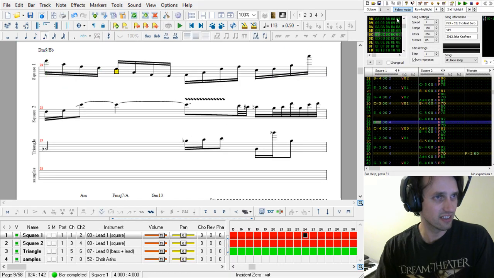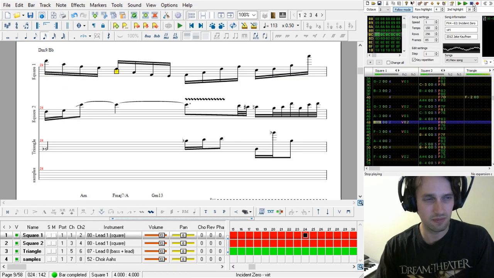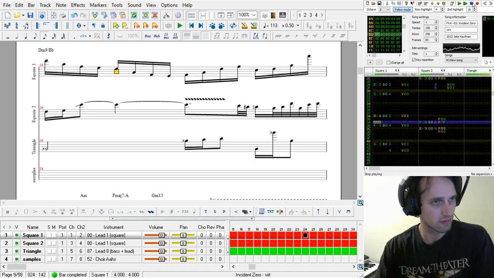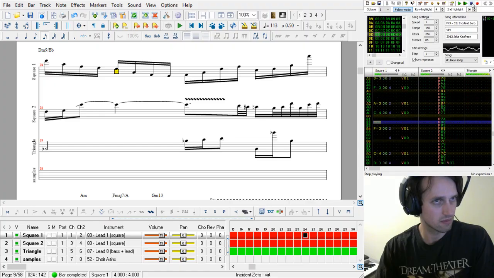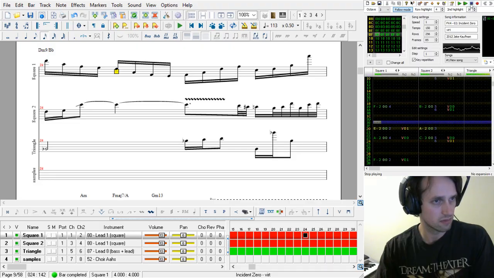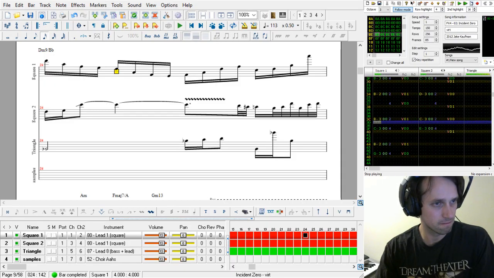Yeah, there's another one right there. Let's see how that's sequenced. Sounds kind of like triplets by the time you get there.